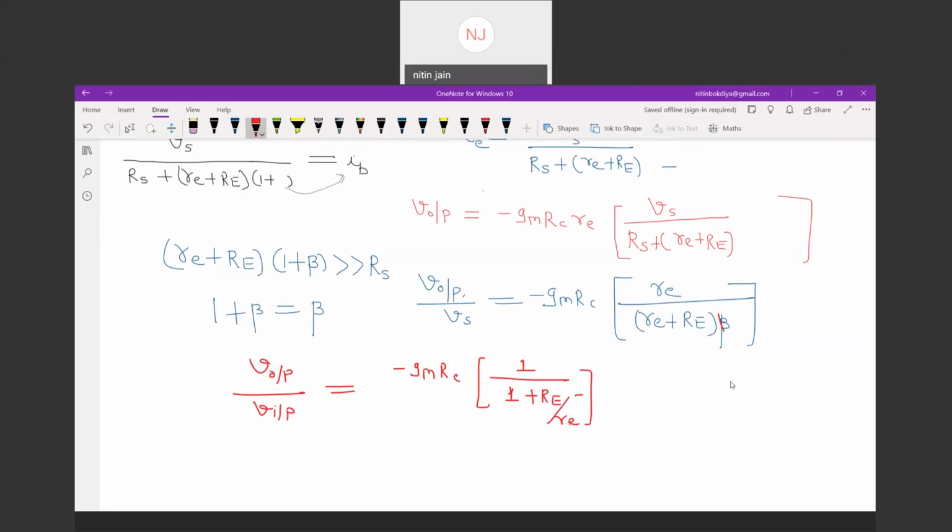You know that GM into RE is equal to alpha, and alpha for the transistor is approximately 1. For a high beta transistor, alpha is approximately 1. So you know that GM into RE is equivalent to 1. So what is the value of 1 by RE? 1 by RE is equivalent to GM. So I can write this.